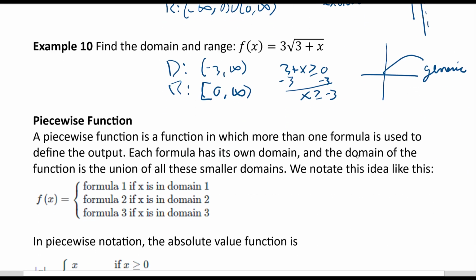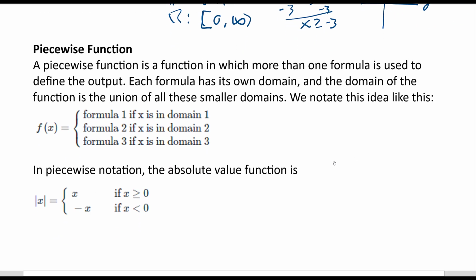Now let's talk about the concept of a piecewise defined function. This is a function that's defined differently in different places. So a piecewise function is a function in which more than one formula is used to define the output. Each formula has its own domain, and the domain of the function is the union of all these smaller domains. We notate this idea like this.